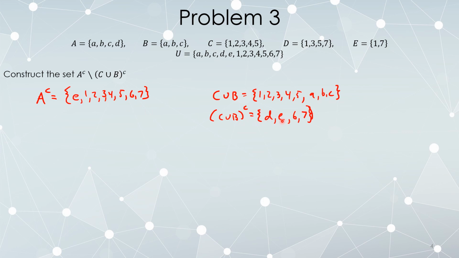I am, however, going to remove E, 6, and 7. So out of this set, A complement, if I remove E, 6, and 7, the only thing that remains is 1, 2, 3, 4, 5. Notice this happens to be exactly the set C.